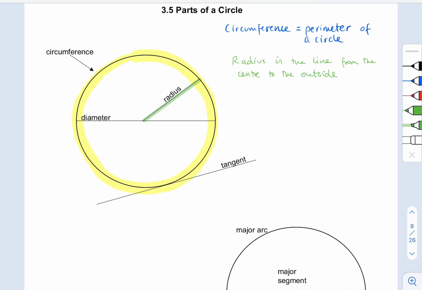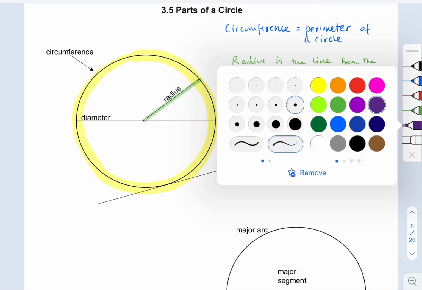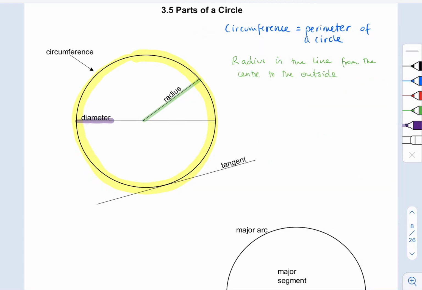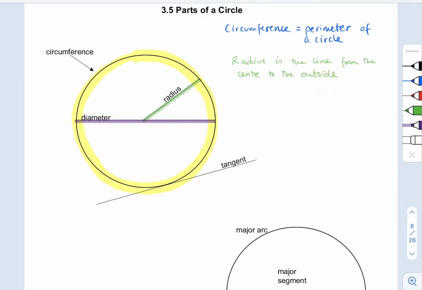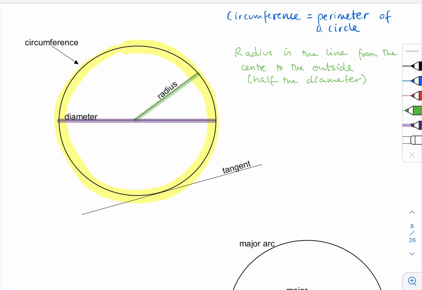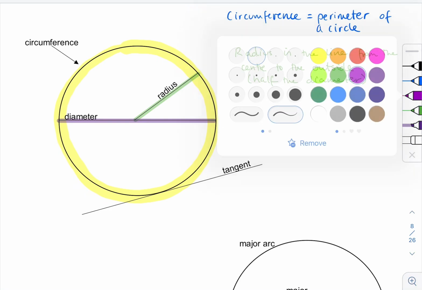The next one is the diameter. The diameter is a straight line that goes from edge to edge of a circle through the center. Now I'm going to add a little note here to the radius. The radius is half the diameter. A good way to remember this is diameter is a longer word, radius is slightly shorter. So radius is the shorter one of the two.